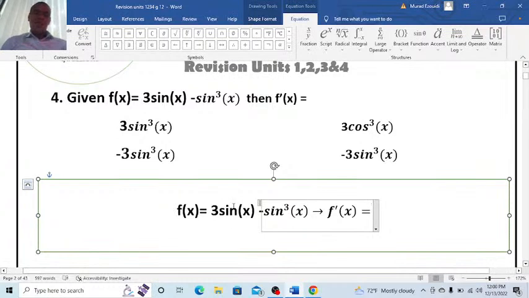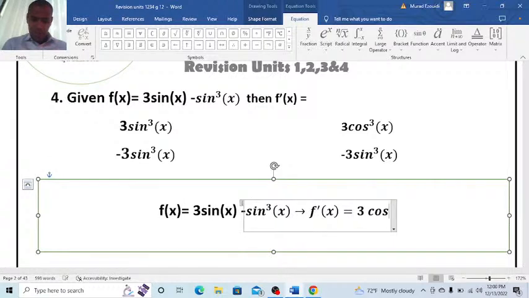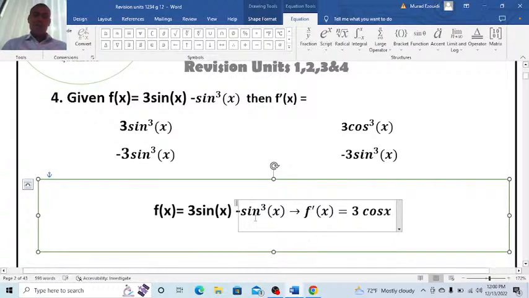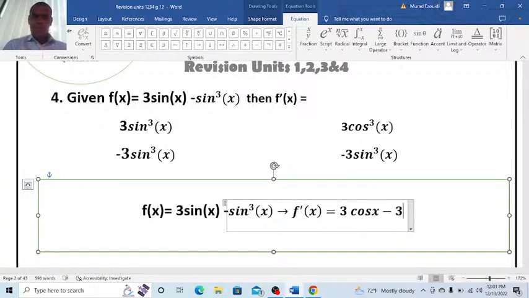Is equal to 3, I will write it as it is. The first derivative of sine is cosine, so it will be 3 cosine of x. Then the first derivative of sine is cosine, and the 3 comes in front of sine. Don't forget about the negative sign. Minus 3 times the first derivative of sine, which is cosine.